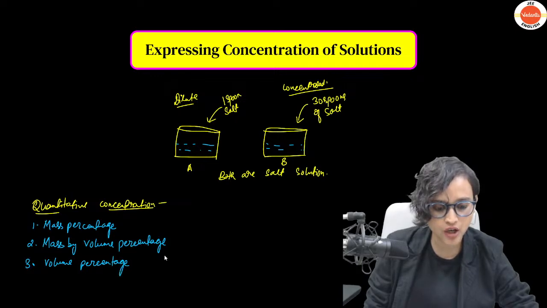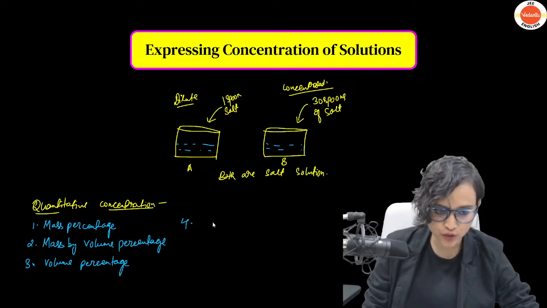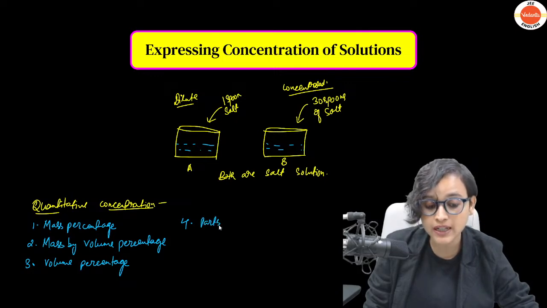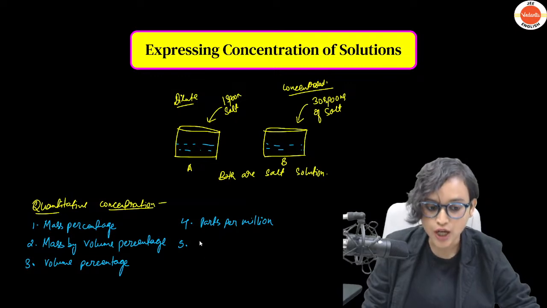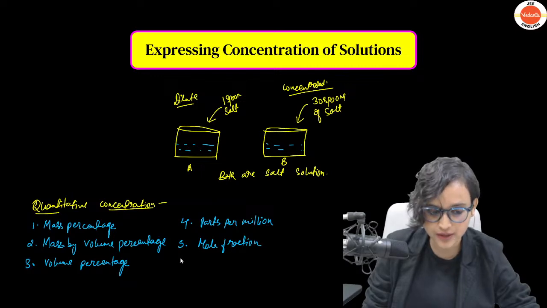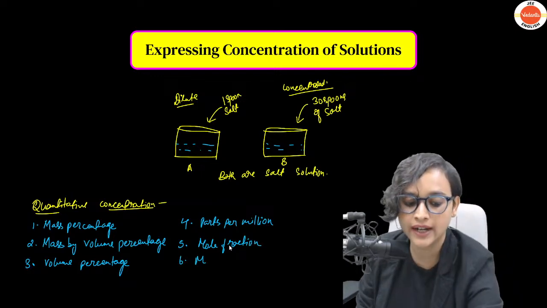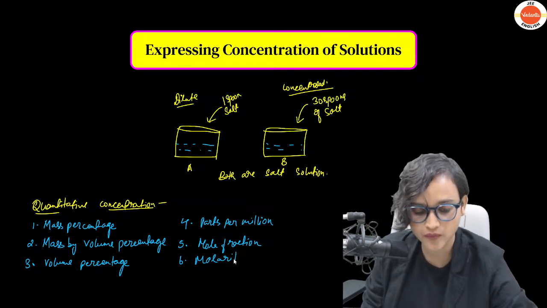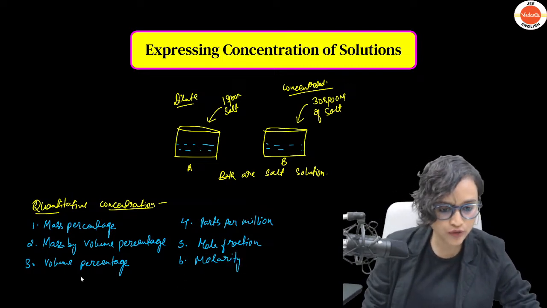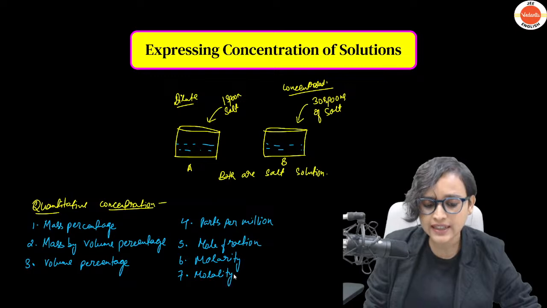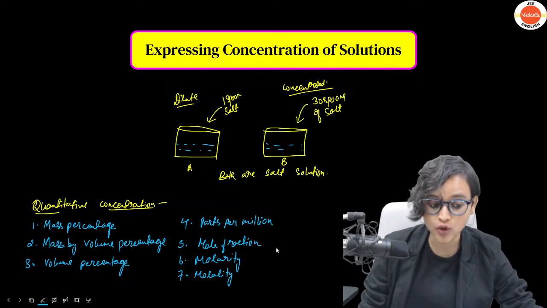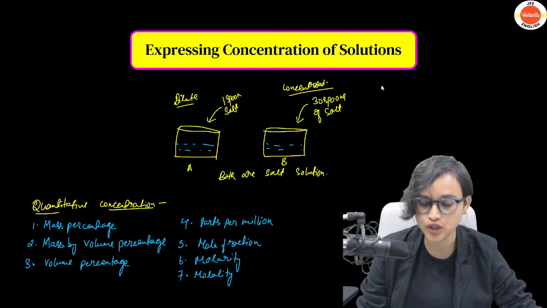Number 4 is parts per million. Number 5 is mole fraction, that you already know. Number 6 is molarity. Number 7 is molality.